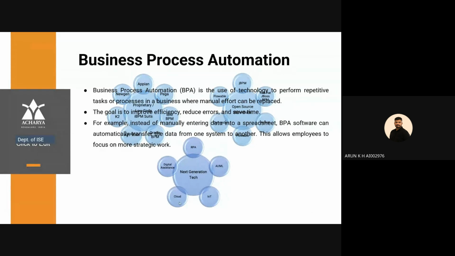Likewise, there are many open source tools also available in the market. The good thing about Appian is that it supports all the next-gen technologies like RPA, AI/ML, IoT, cloud, digital assistants, everything as such. You name any next-gen technology, and it is supported through Appian. So it is proprietary based. That's what I wanted to demonstrate here. Yeah, go to the next slide.